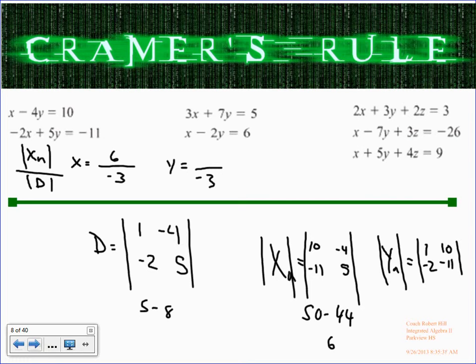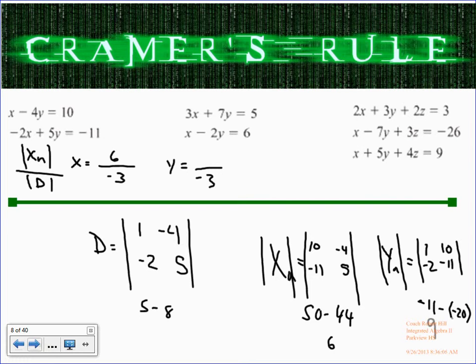Okay? So the y matrix is -2, 2, -11, cross multiply minus -20. Negative 11 minus negative 20, positive 9.